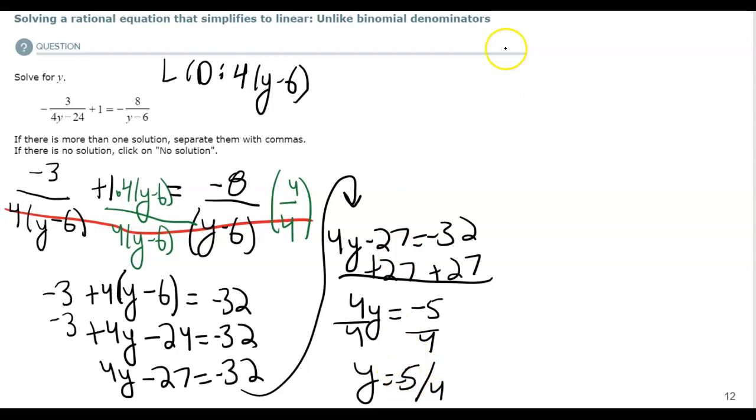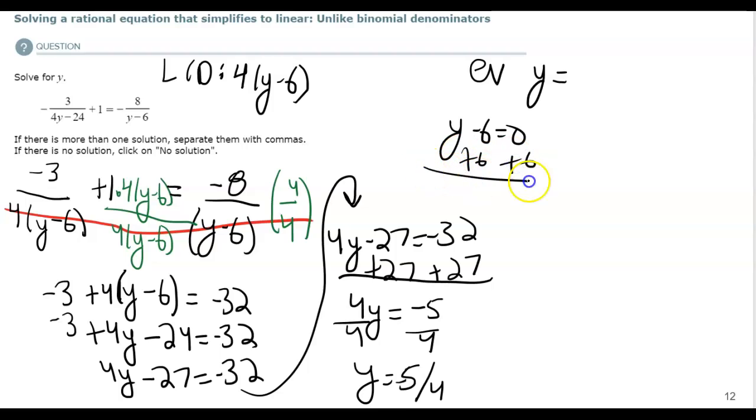So I got negative 4/5 for my y. Now I need to think of my excluded value. I would see that I have y minus 6 equals 0 if I look at my common denominator, which tells me y cannot equal 6, so my excluded value is y equals 6.